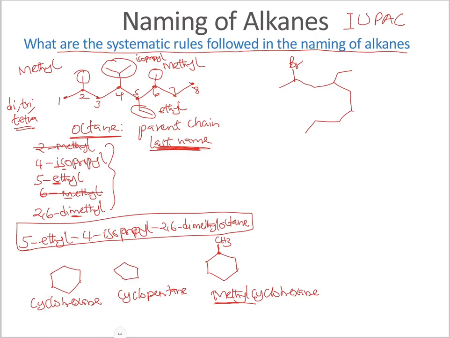We could have another bromine here. We could have chlorine in that position. So when we have these other groups attached, in this case it forms an alkyl halide. We still use the same naming system. So we are going to label them and find the longest chain. And we need to make sure that the substituents are going to have the lowest numerical values.